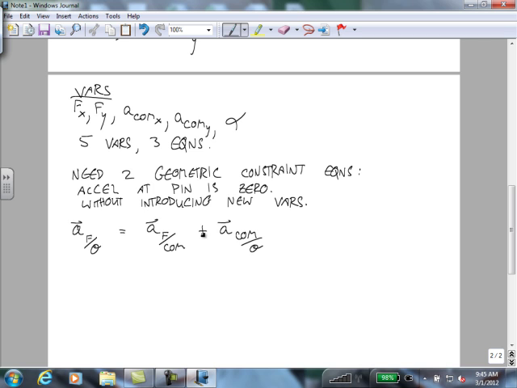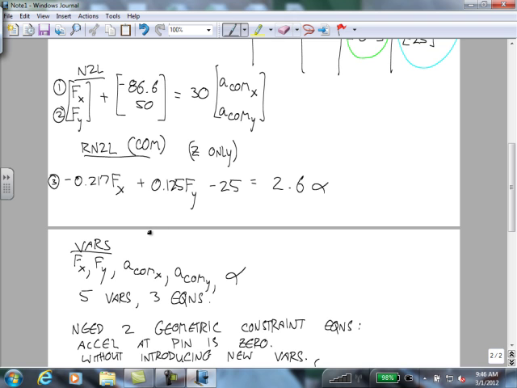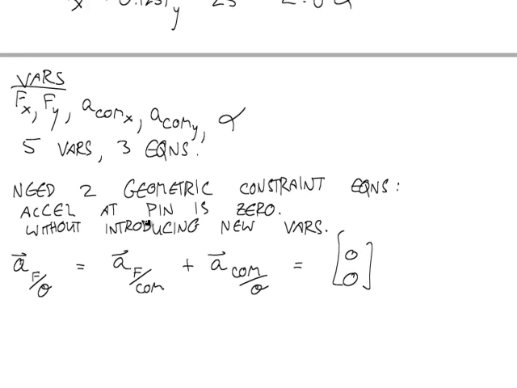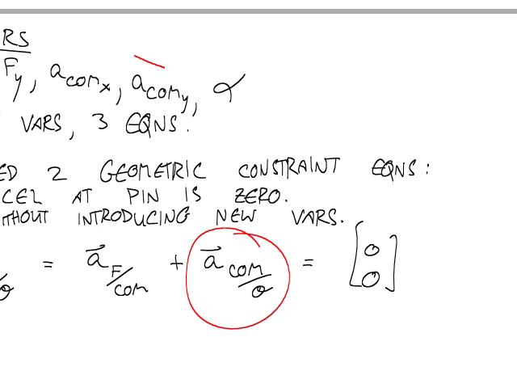So to calculate the acceleration of F, which we know is going to be equal to 0, 0, we're going to separate it into a kinematic problem where we're assuming that the center of mass is fixed. That's just the rotation of F around the center of mass, plus the acceleration of the center of mass, which is already given by our equation.